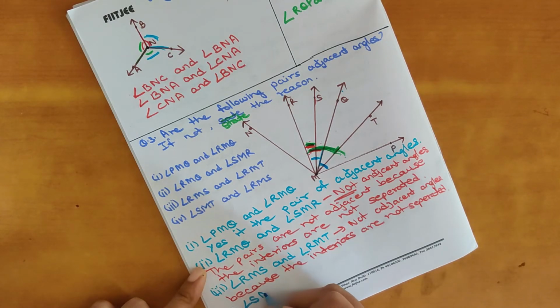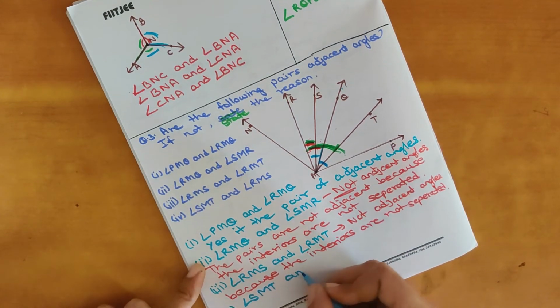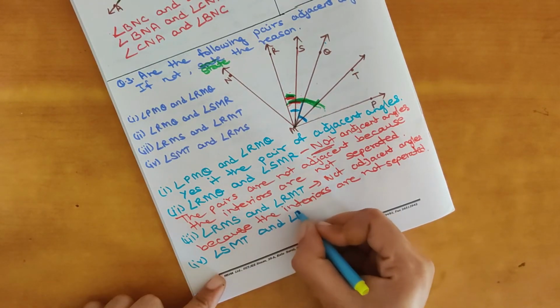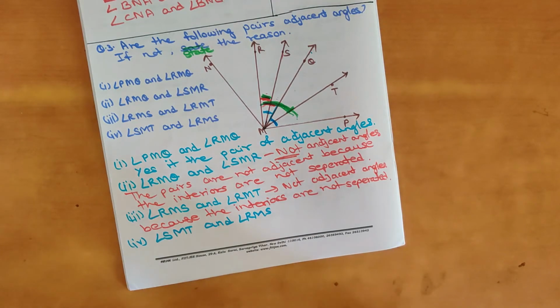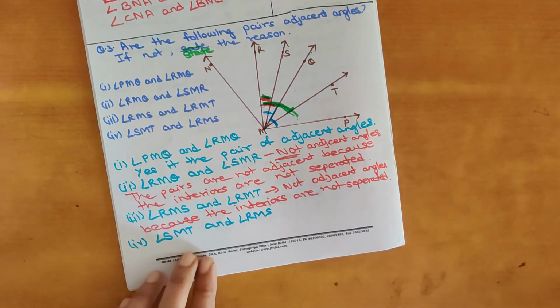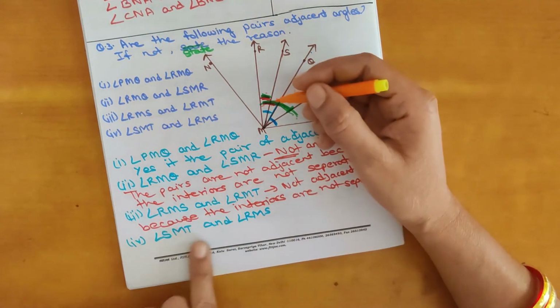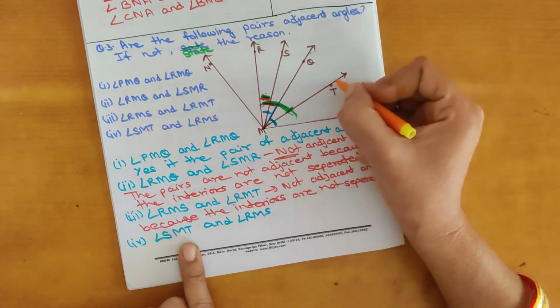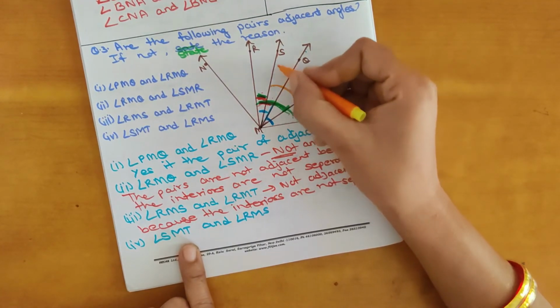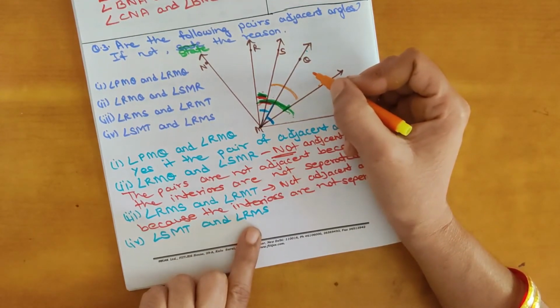Now the fourth one: angle SMT and angle RMS. I will use orange color. Angle SMT means this, and angle RMS.